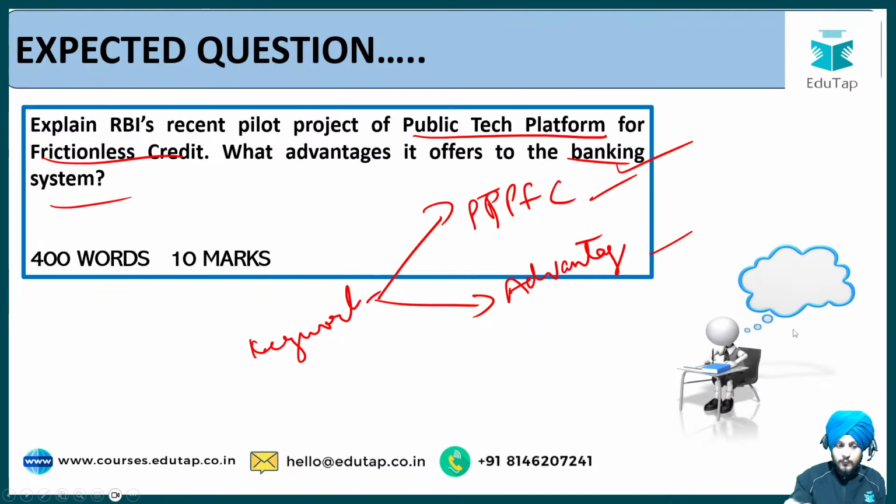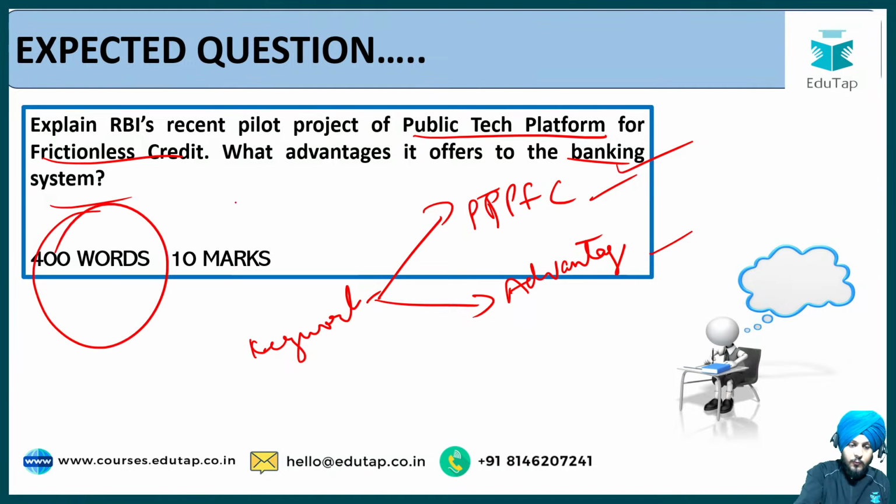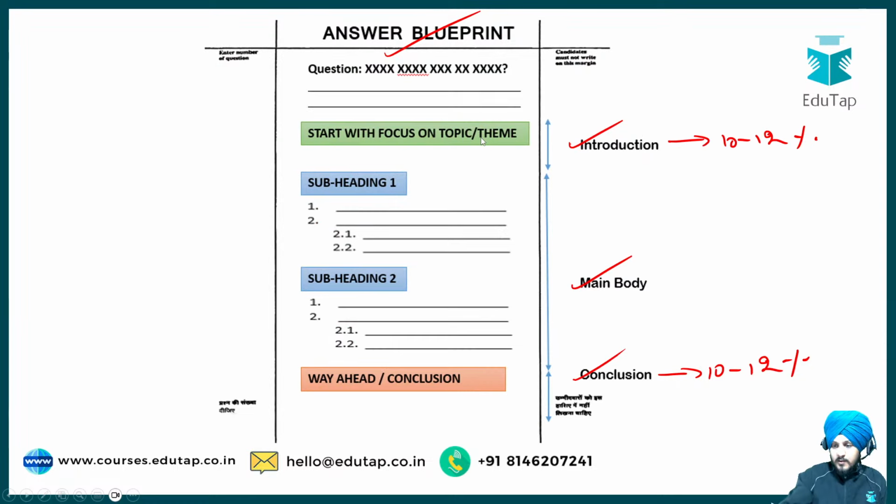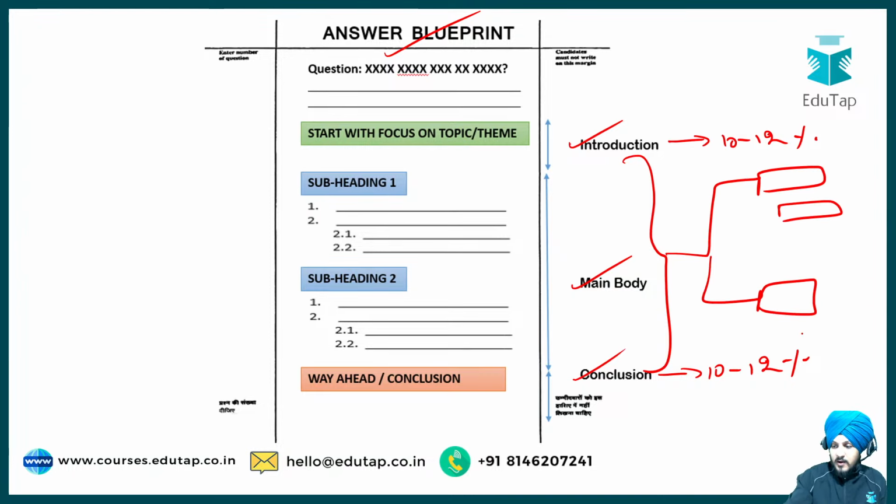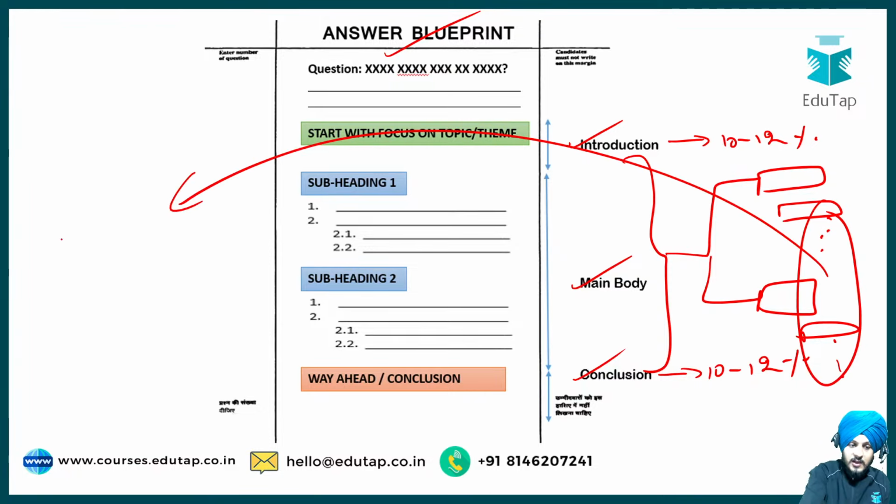Then the rest should be in the body part. You will divide the body in the form of different headings and subheadings. In the subheadings, you will write the relevant points, substantiated with relevant data.